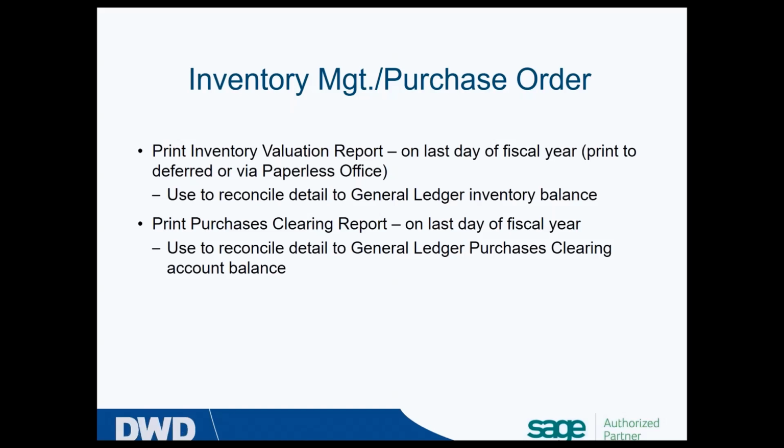Purchase order. Also, we kind of want to watch out for that. Print your inventory valuation report. That report is as of the moment in time that you run it. So if I run it at 9:29 on December 13th, and then I turn around and run it again at 4:22 on December 13th, yes, I ran it on the same day, but I may have changes because I've had inventory transactions that have occurred.